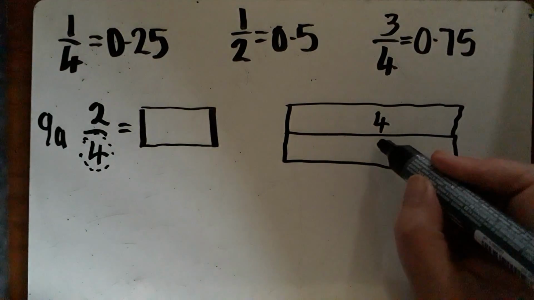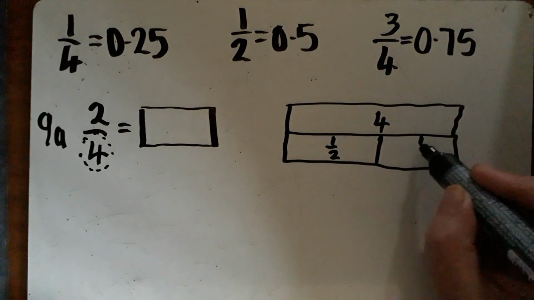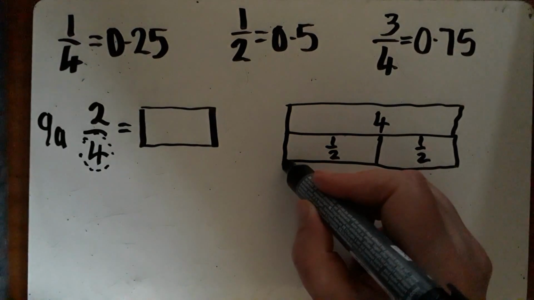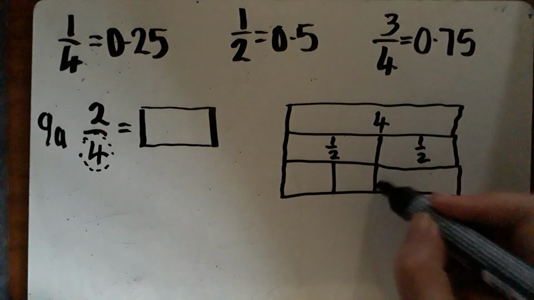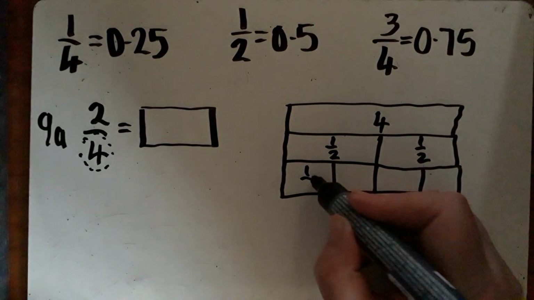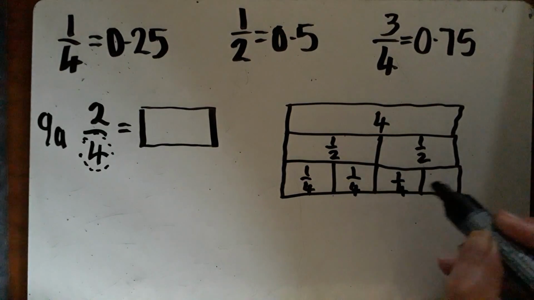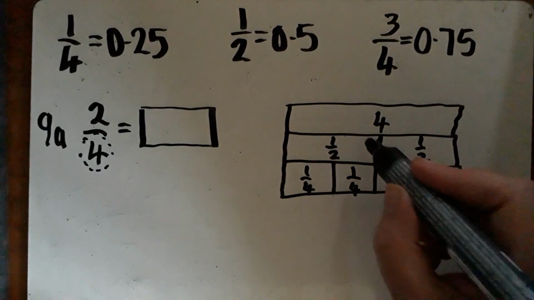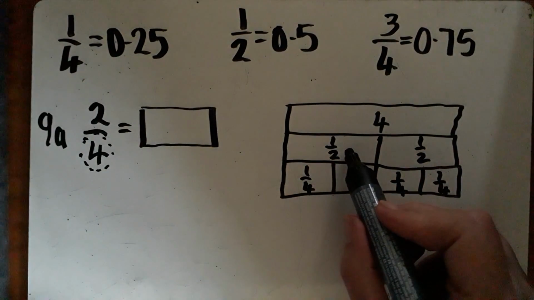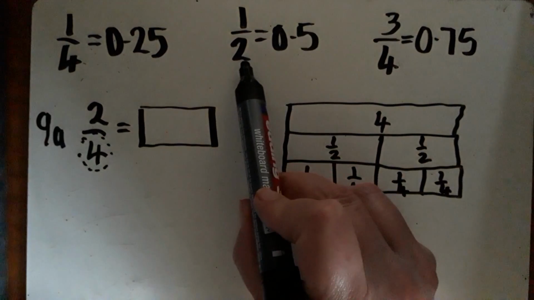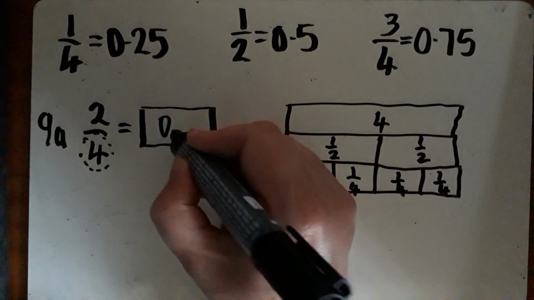All right, and I'm going to divide my first bar in half and my second bar into quarters. And then straight away you should be able to see that 2/4 is the same as a half. Okay, and a half as a decimal is 0.5.